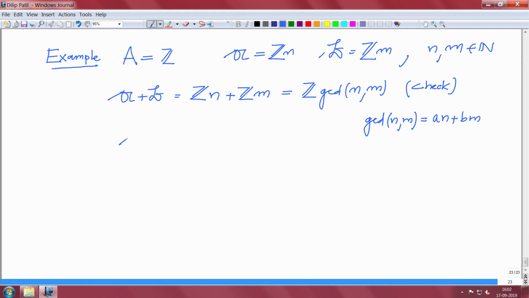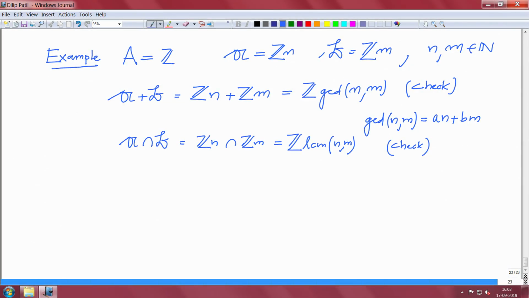And what will be the intersection? Intersection first. This will be Zn intersection Zm, and again now you might have guessed this is nothing but the ideal generated by the LCM of n and m. Again check this. This is not so difficult.